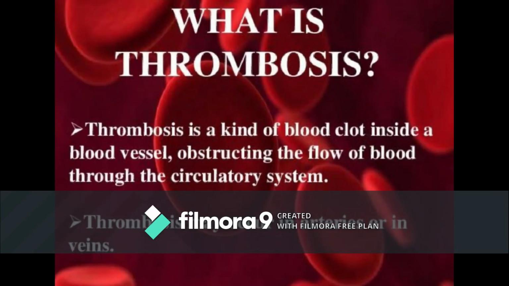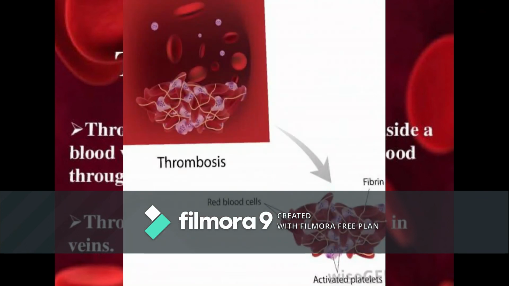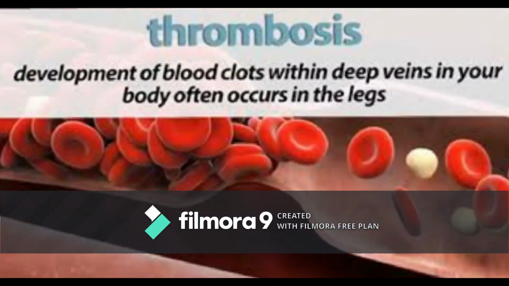What is thrombosis? The formation of a thrombus or blood clot within an intact blood vessel is called thrombosis. Clotting is a normal response that prevents bleeding when a blood vessel wall is injured. However, thrombus formation is abnormal if it occurs in an intact vessel.